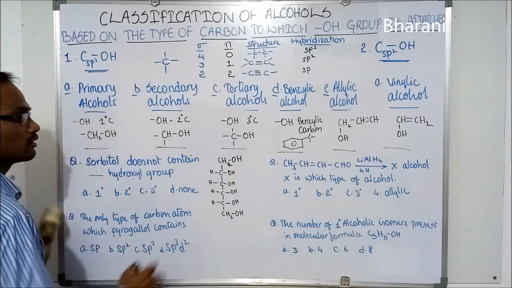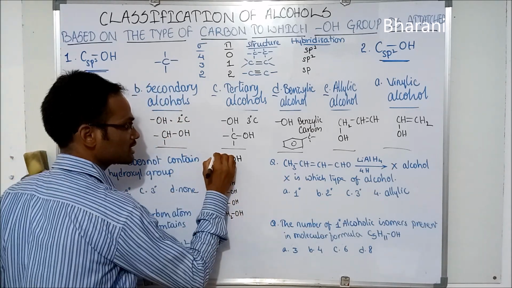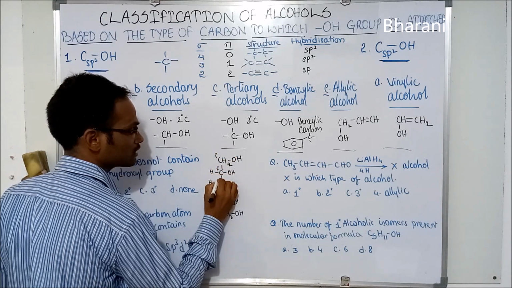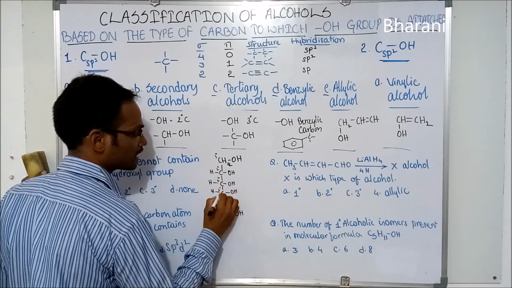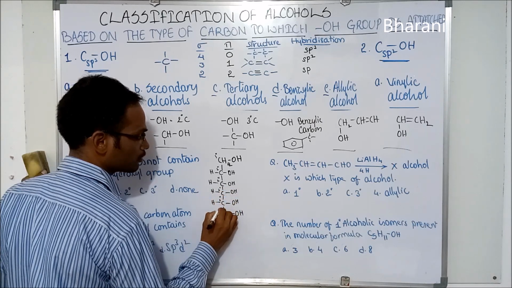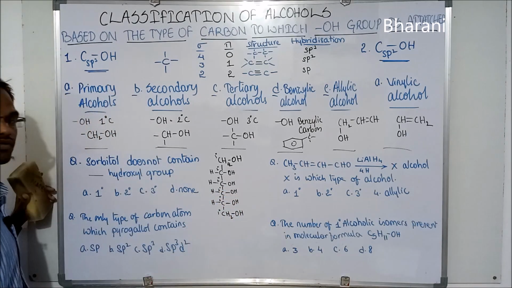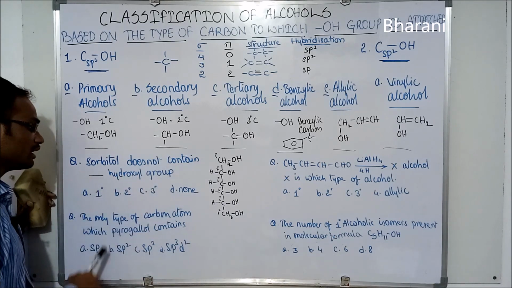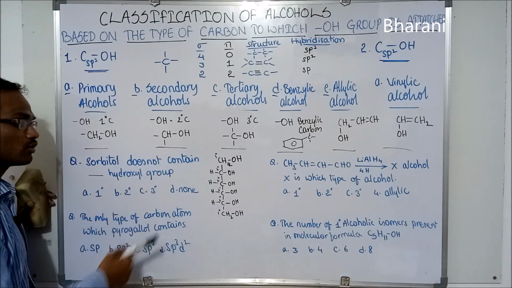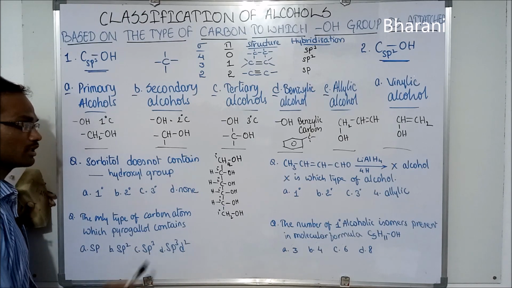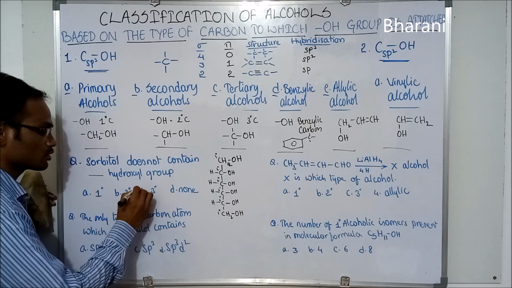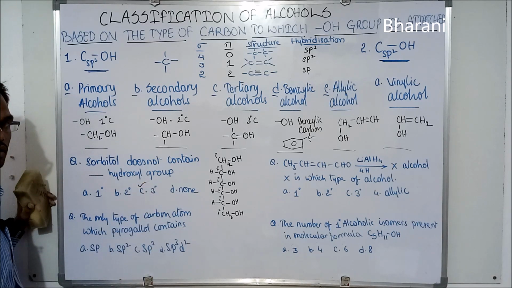See here, in sorbitol this is a primary carbon, these are secondary carbons, and this is a primary carbon. So what is the question? Sorbitol does not contain which hydroxyl group? It contains primary and secondary, and none is nothing. So the answer is tertiary carbon atom.